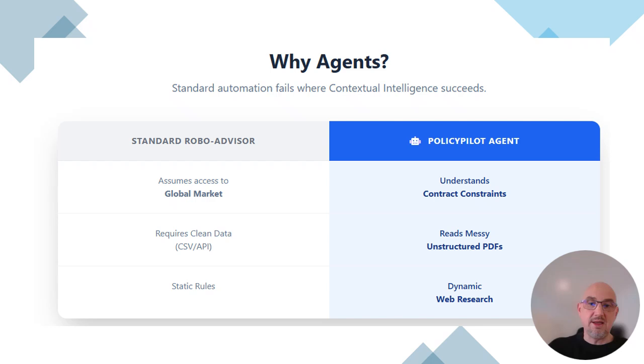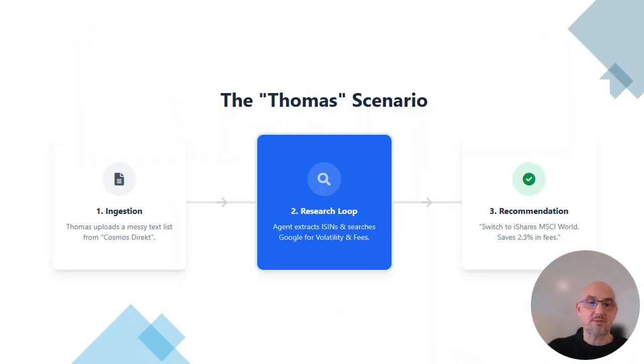So, why an agent? It's quite simple, because you can give it just very unstructured information. It can research and make smart decisions. So here, for example, take a person named Thomas.